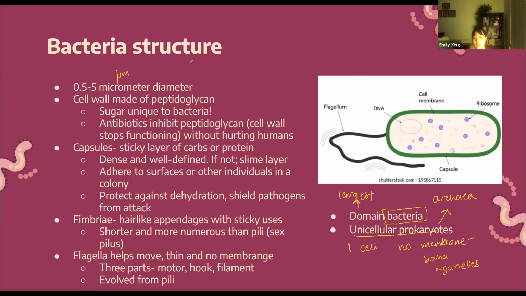Compared to eukaryotes in domain Eukarya, they have cell diameters of around 10 to 100, and they're also made out of multiple cells a lot of the time. So they're going to be a lot bigger, which is why we can see rabbits and cats, but we don't really see a lot of bacteria with the naked eye.